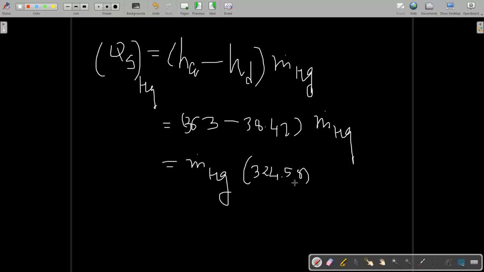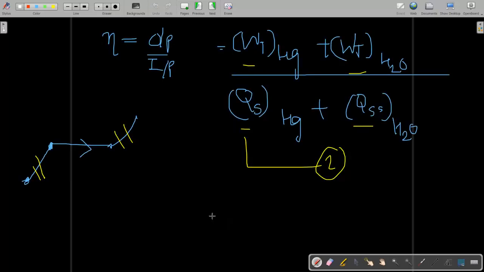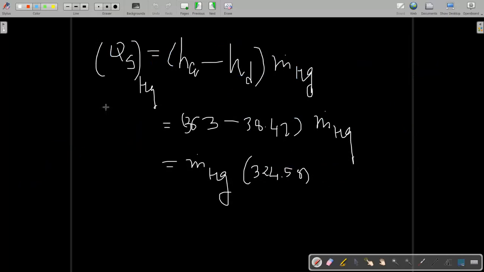One thing that I forgot: that is turbine work from mercury, but there is pump work also. So pump work for mercury is subtracted, as well as pump work for steam is also subtracted, because that much power is again taken from this power output. So this is heat supplied.